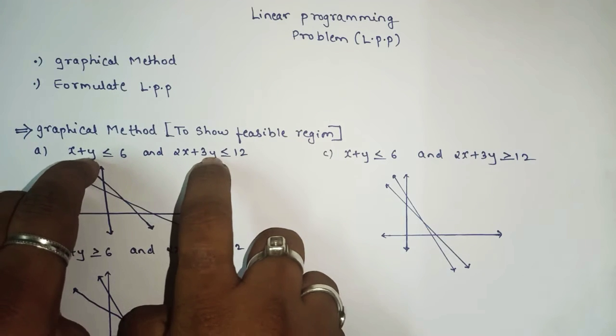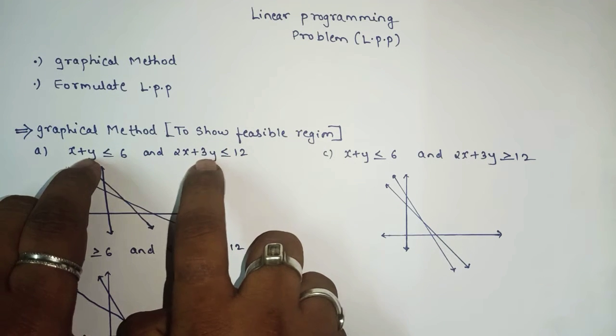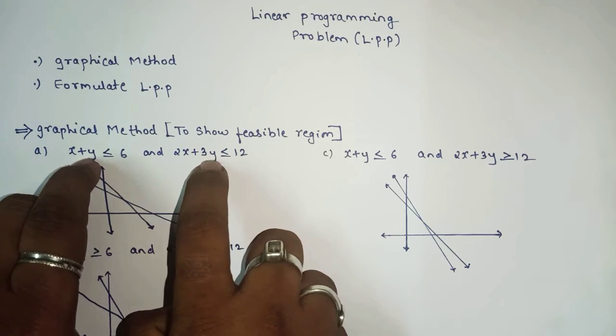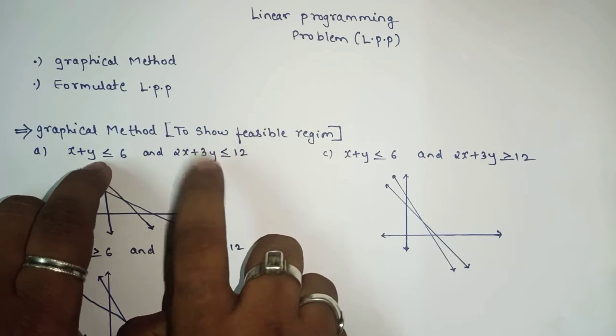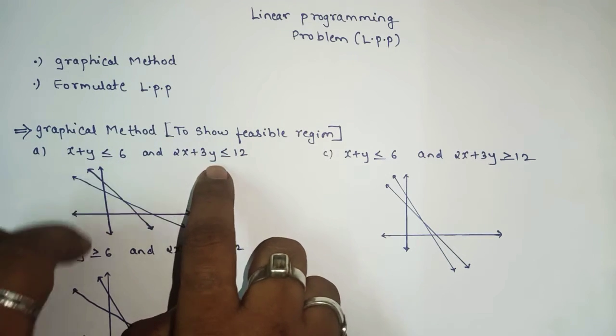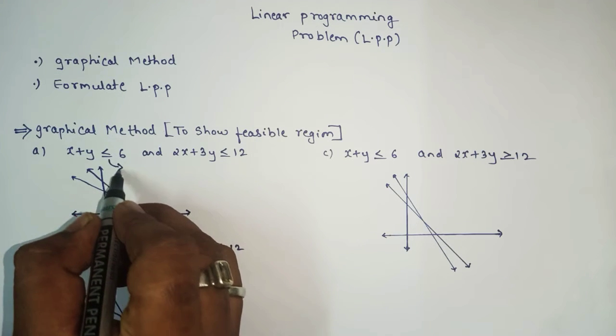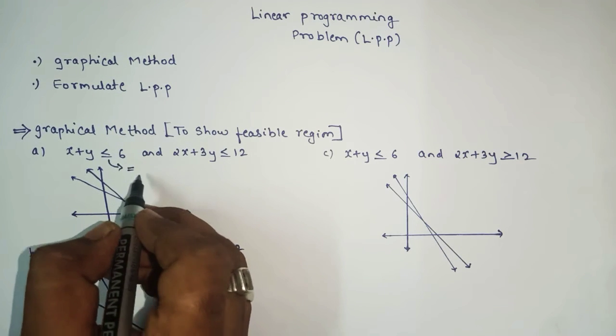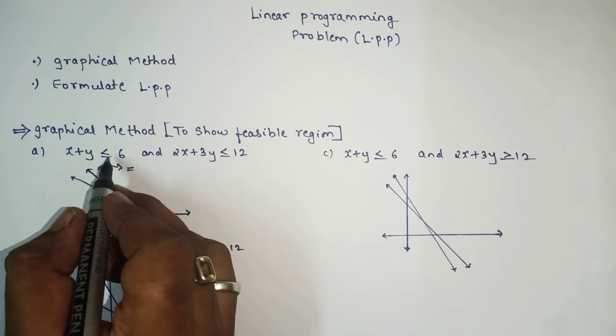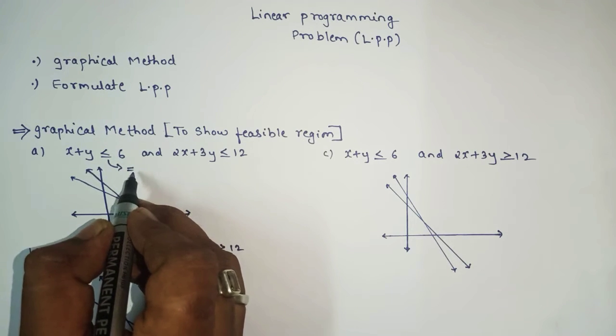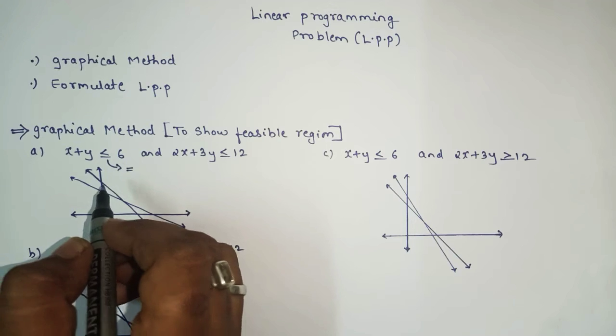These two are treated as linear inequations because when you see, the equal to symbol is not there. If the equal to symbol is there, then only we can say it is a linear equation.